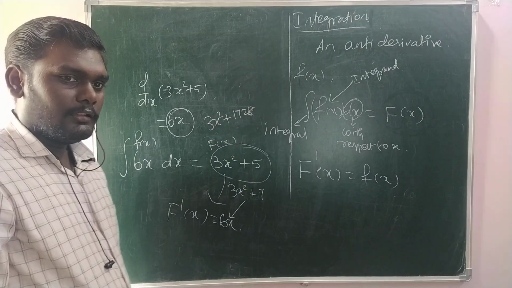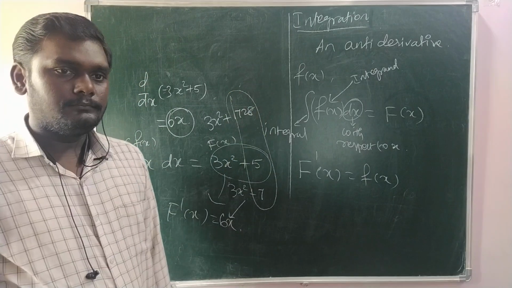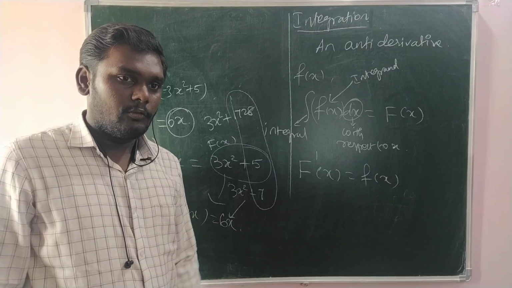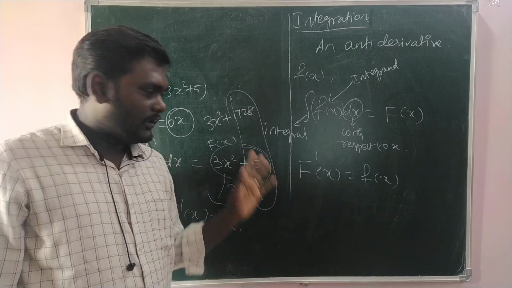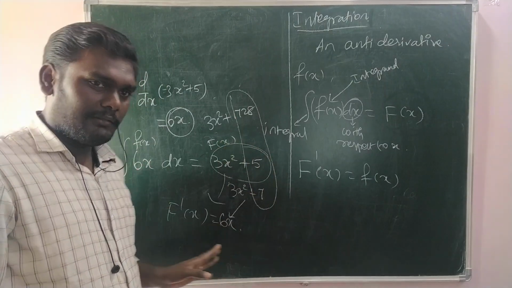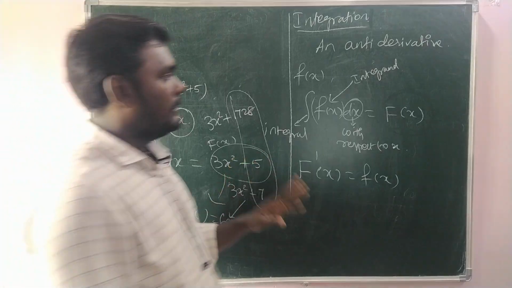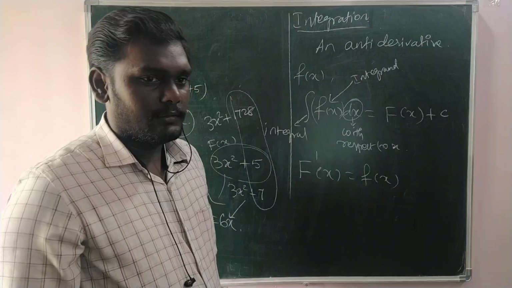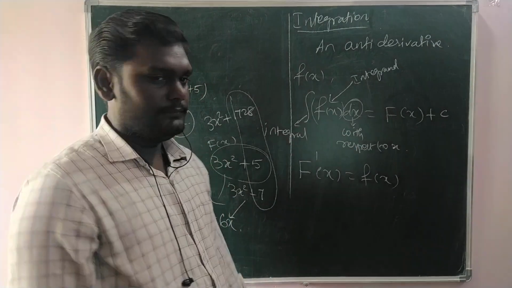How many choices do we have for this constant term? Infinitely many. Are we sure which function's derivative is 6x? To avoid this confusion, we keep plus c, some constant. We call this the constant of integration.